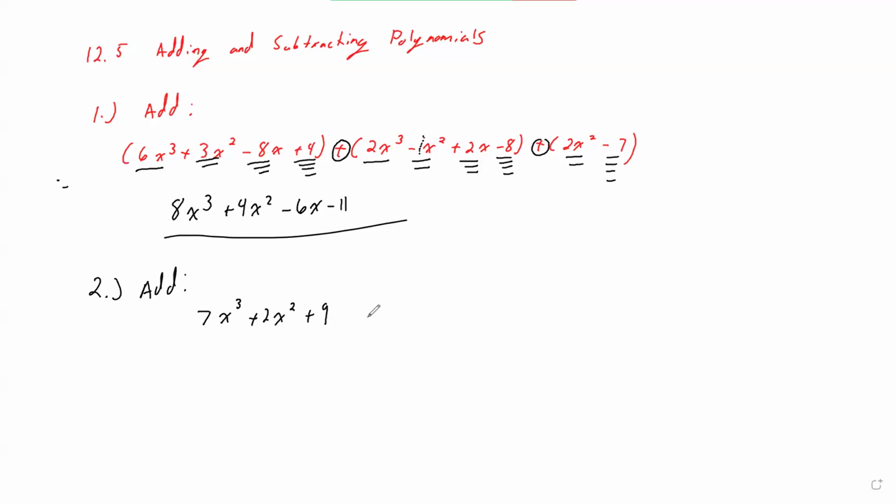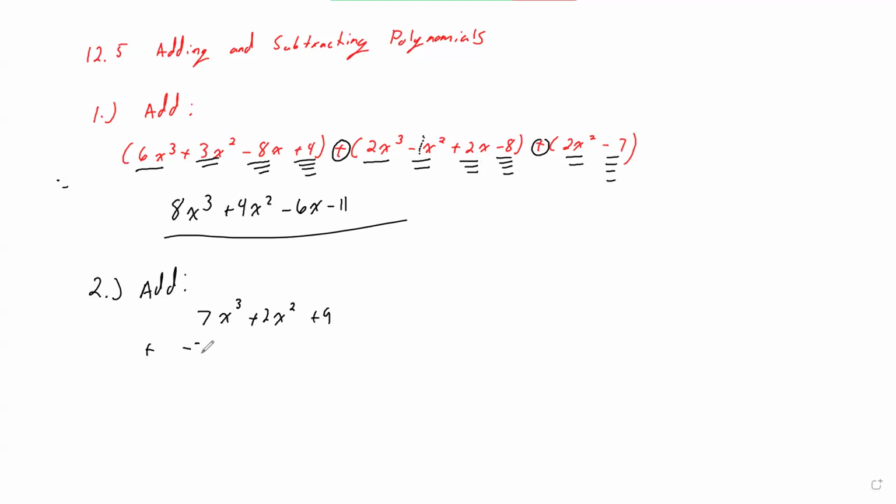And instead of adding another polynomial, I'm going to add it below it. To help you out, let's write it all together. I'm adding, so I have a plus sign here.